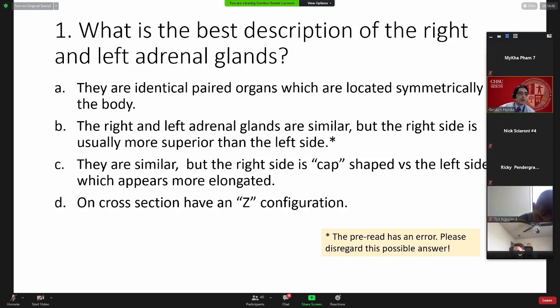I'd like to make a statement that I originally had this question in here, but I'm going to take this answer out because one of your classmates emailed me and said, I think I found an error in your slide, and it had to do with which adrenal gland is more superior than the other. I actually had that flipped around. I'd like to thank her for finding that error.